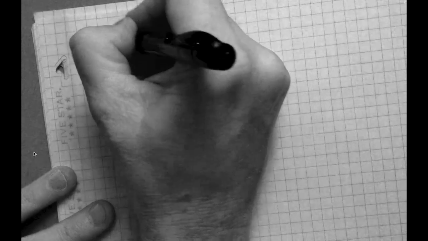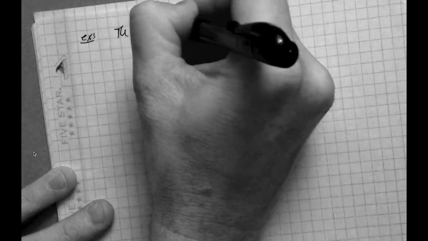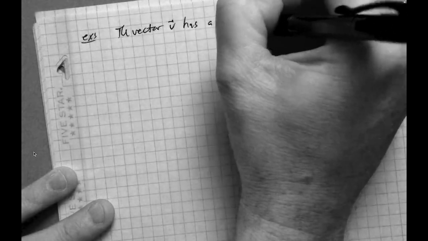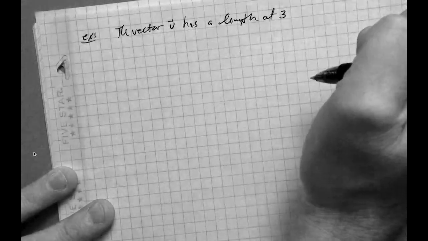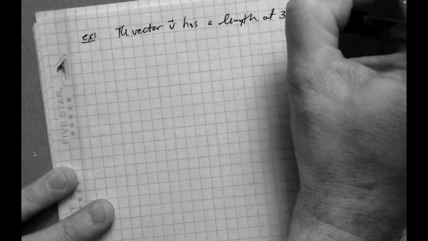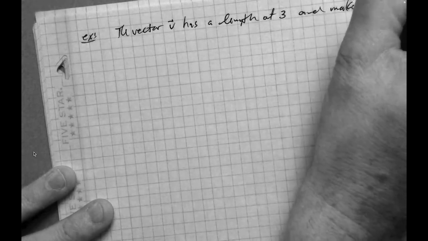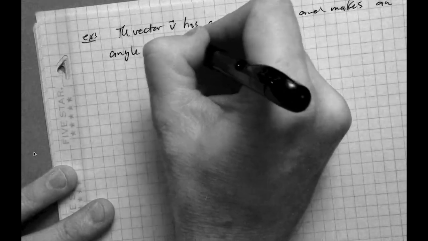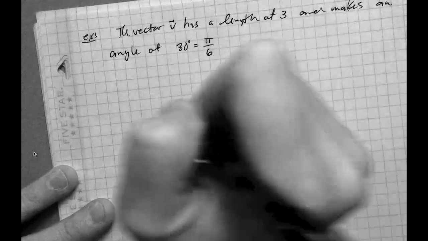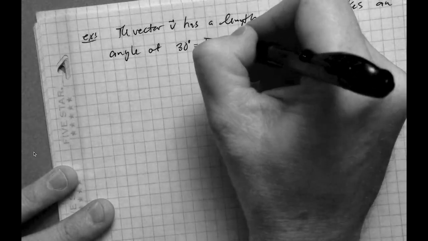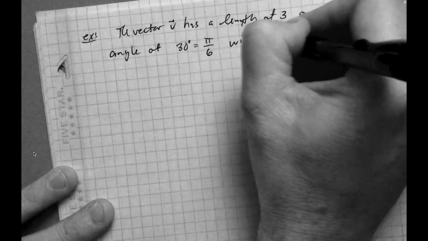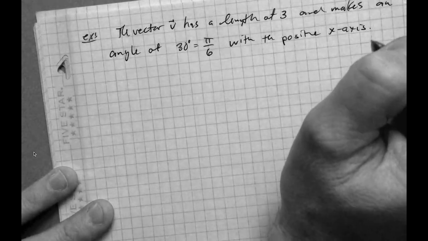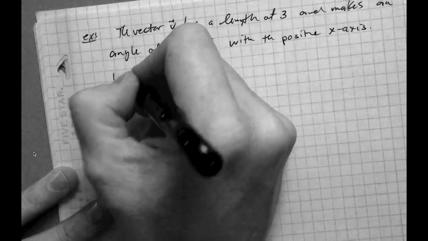Okay, so the vector v has a length of 3 and makes an angle of 30 degrees, otherwise known as pi over 6, with the positive x-axis. Okay, let's write v.